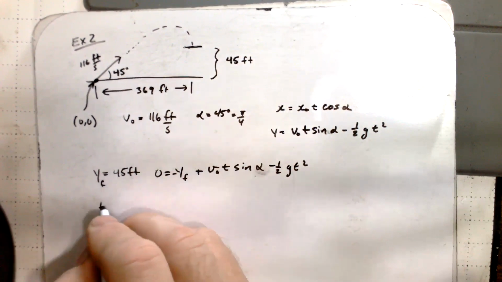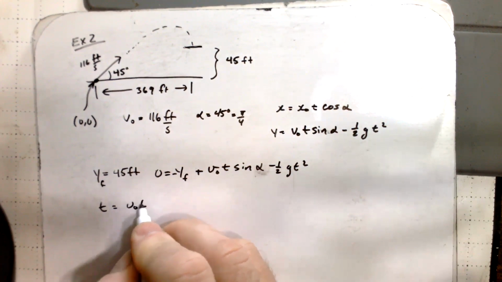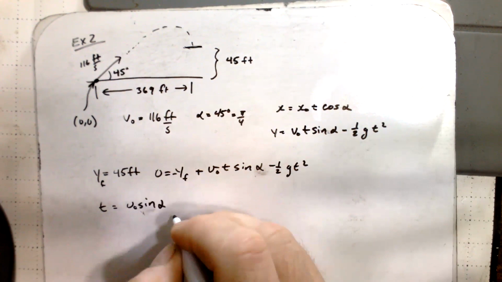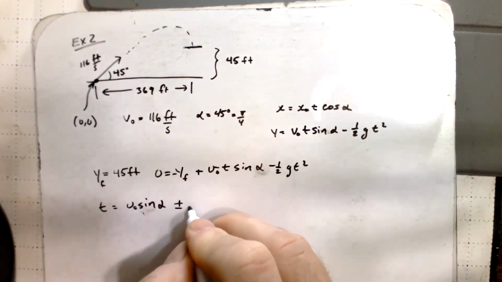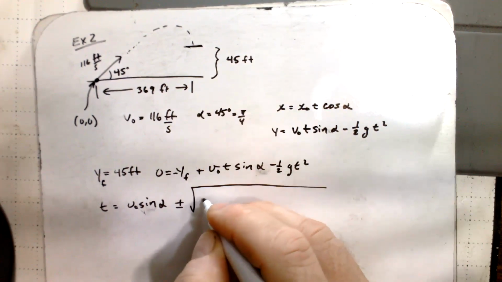Okay, and so t is going to equal opposite of b, so v naught sine of alpha. That's b, opposite, plus or minus the square root. And this is that big ugly thing you saw in example 1 being plugged in.